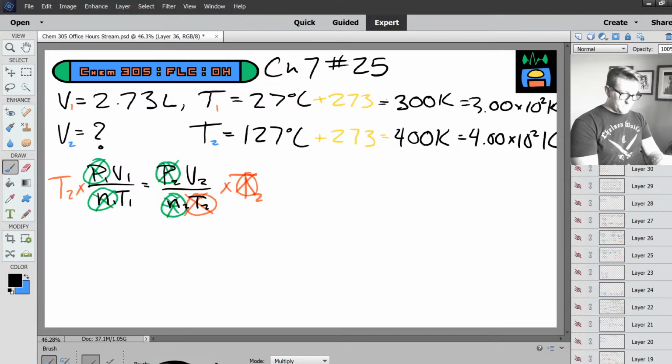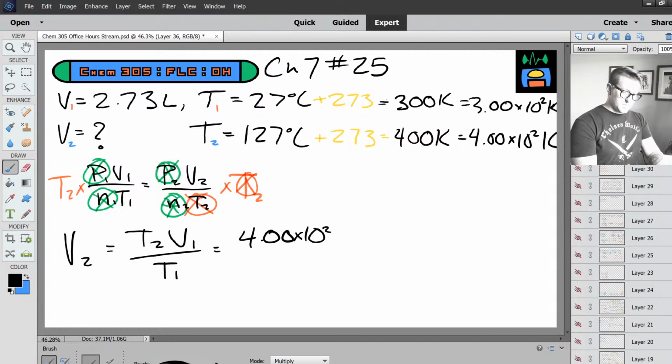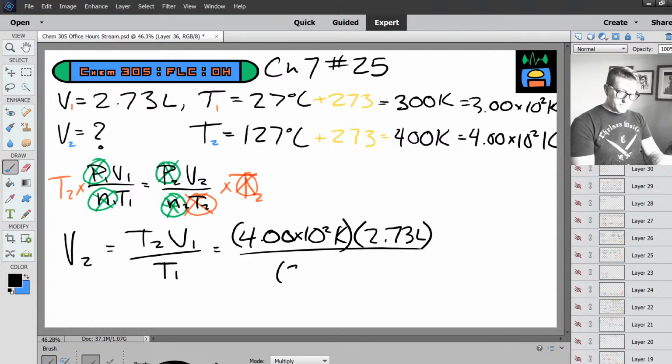So we get V2 is equal to T2 V1 over T1. T2 is 4.00 times 10 squared Kelvin times our volume of 2.73 liters over our initial temperature, 3.00 times 10 squared Kelvin.